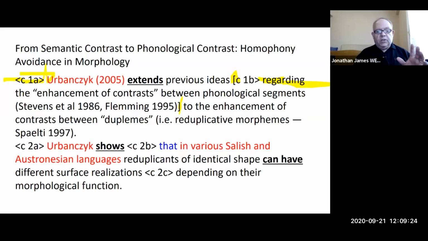All right, so Urbanchik, 2005, that's theme. Extends, that's the verb. Previous ideas, and then all that regarding such and such. Extends to the enhancement, well, that's still modifying extends. To the enhancement is a prepositional phrase, so it's all part of one clause.